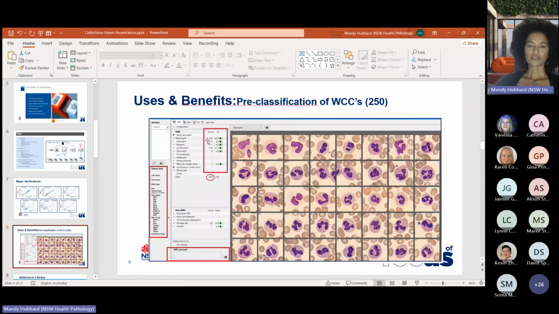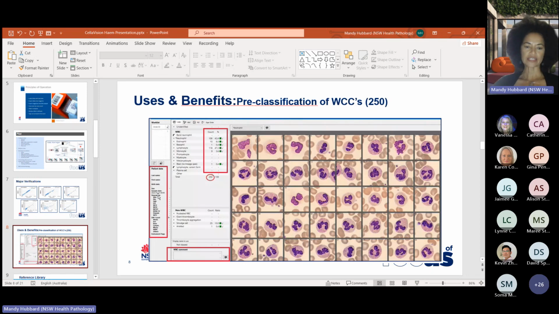This is the differential. The green boxes indicate the pre-classification by the analyzer. If the morphologist decides to reclassify any of these cells, these boxes would turn blue. And this here is the patient data, and once we are interfaced, the information from the middleware will populate in here.